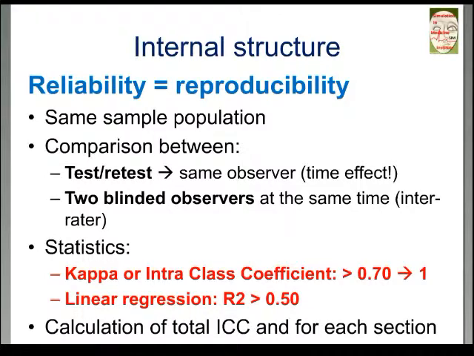As for the Cronbach alpha, it is interesting to calculate the ICC for each section of the scale. If it happens to be below 0.7, it could lead to further modifications of the scale aimed at improving reproducibility.